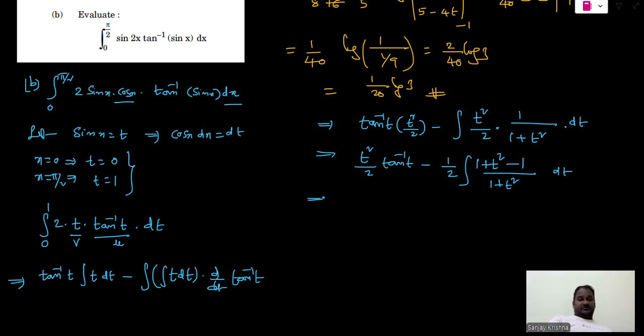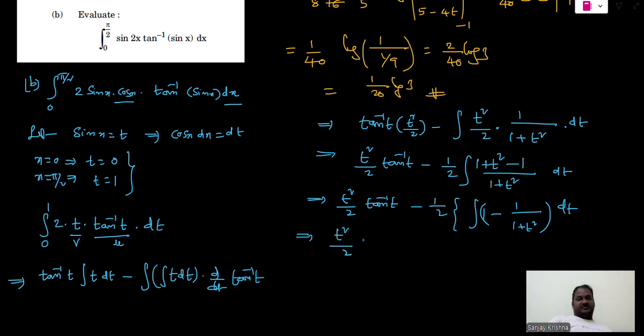Then it is going to be t square divided by 2 tan inverse t minus 1 by 2 into, see, 1 plus t square by 1 plus t square is equal to 1, minus 1 by 1 plus t square, into dt. That implies this is t square by 2 into tan inverse t minus 1 by 2 into integral 1 dt, which is t, minus the integral of dt by 1 plus t square.